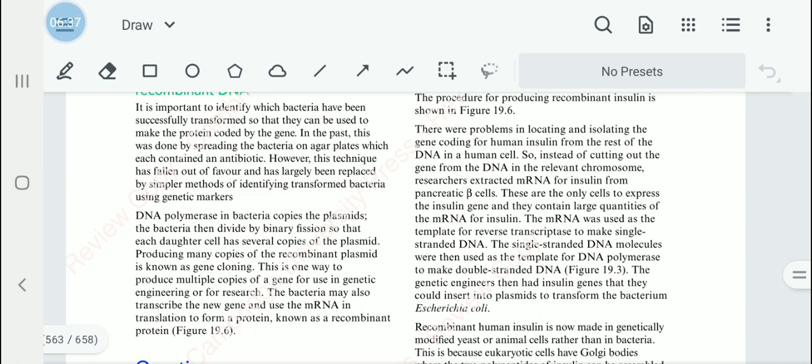Then the single-stranded DNA would be used as the template for DNA polymerase to make double-stranded DNA. This gene would be inserted into plasmids to transform the bacterium Escherichia coli, or E. coli.